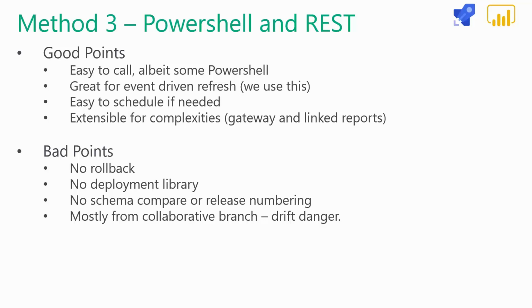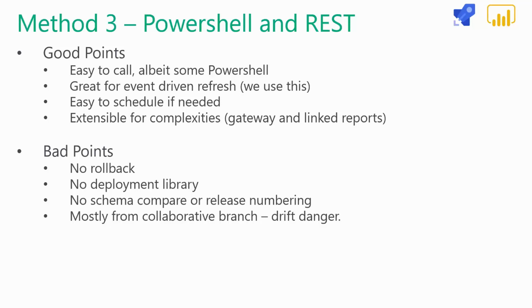So if you're deploying from your collaborative branch to dev, and then you go back to the collaborative branch and deploy to test, and then go back again and deploy to prod, who's to say that someone didn't mess with it in the meantime, right? So you've now got to look at whether you need to implement some sort of branching, or some way of understanding that there's no chance of drift having occurred, right?